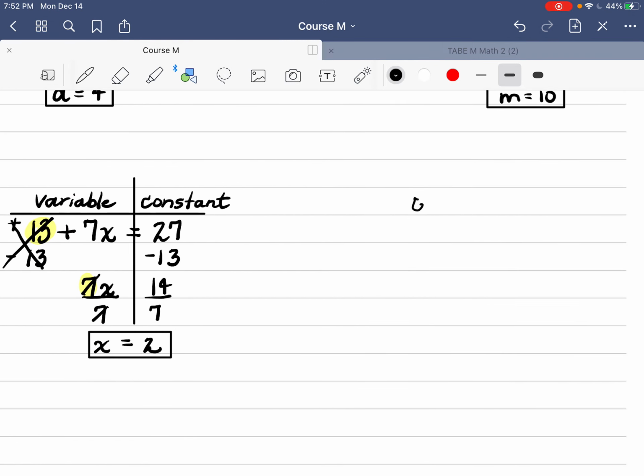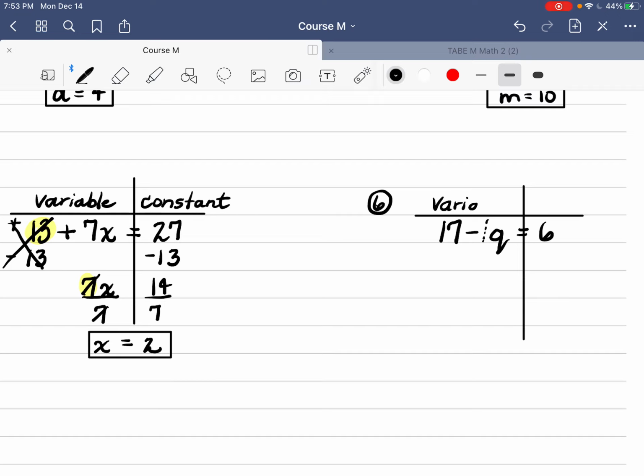Number 6. It is 17 subtract q equals 6. And I do want to put a ghost 1 in front of my q because he needs a coefficient.